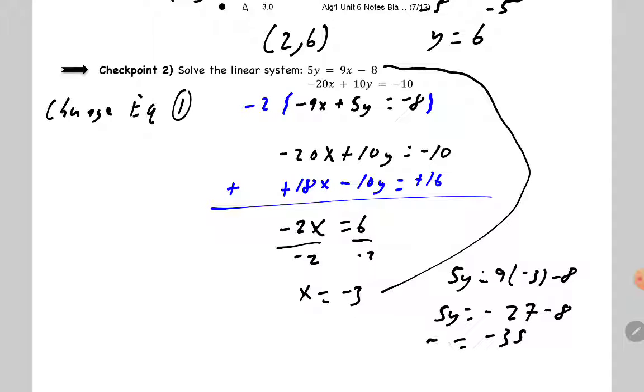What times 5 is 35? That is 7. So my answer for this one is negative 3, 7.